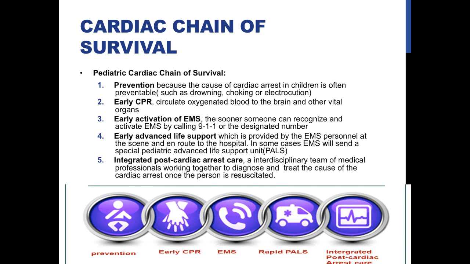So often it's preventing the drowning situation, preventing the choking situation, or preventing them from being electrocuted. I just heard a story the other day where cell phone chargers that are plugged into a wall are a huge risk because children and infants are putting that wire in their mouth, which is directly connected to the outlet. So that's something that you don't always think about.